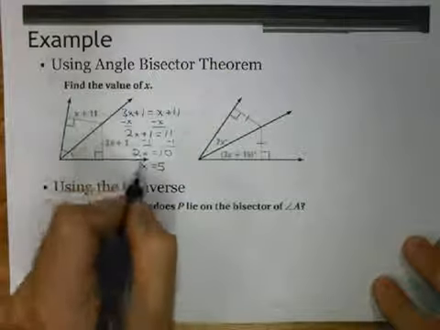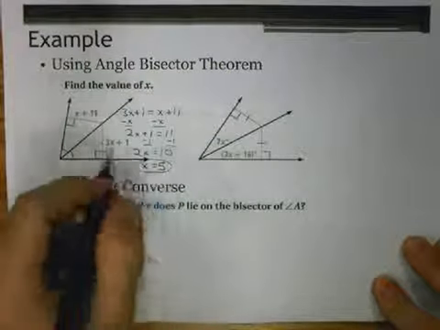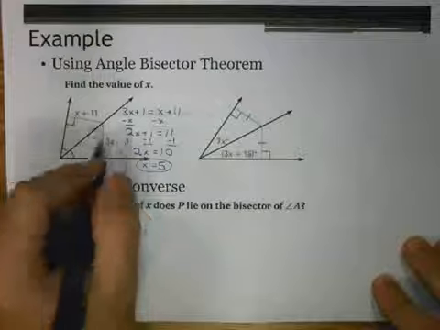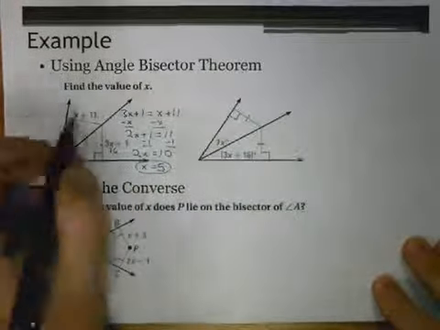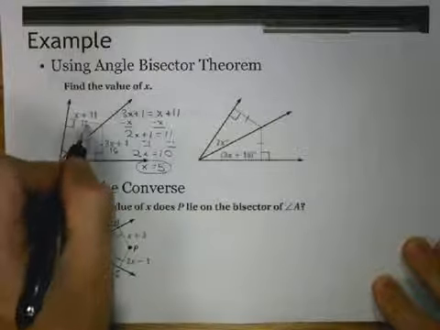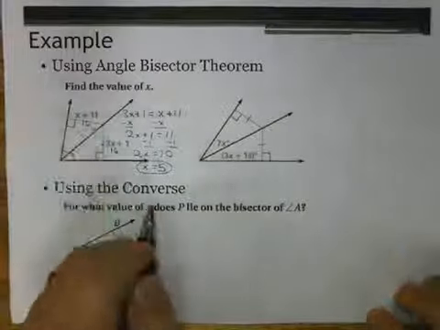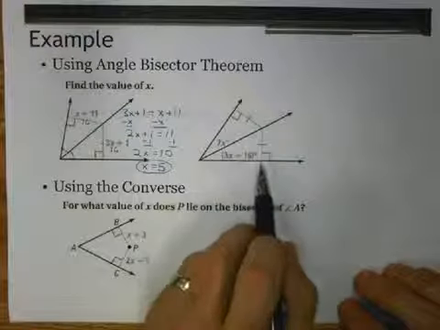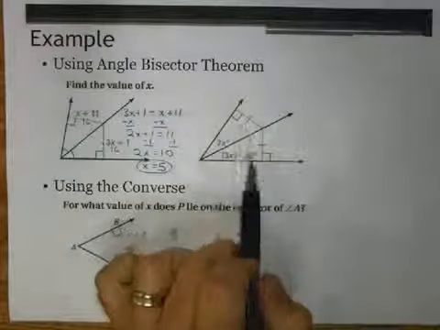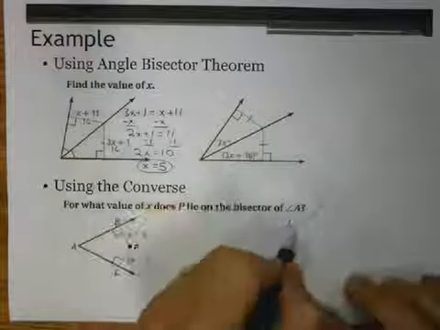Subtract 1 from both sides, I get 2x equals 10. So x equals 5. Just to make sure, let's plug our values in. 3 times 5 is 15, plus 1 is 16. 5 plus 11 is 16, so they match, so we know x equals 5 is our answer.